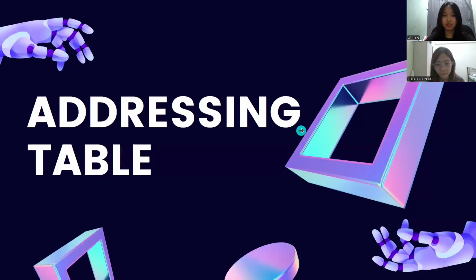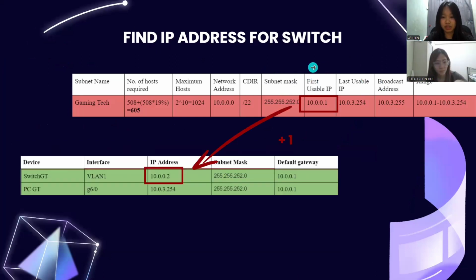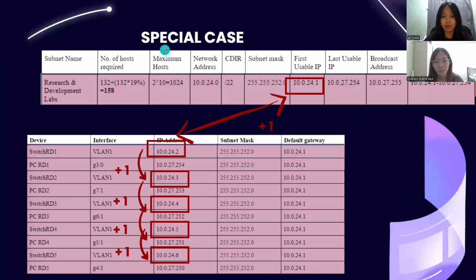So next I would like to talk about the addressing table. To find the IP address for the router, we need to use the first usable IP from the subnet table, which is this. To find the switch, we need to use the first usable IP plus 1, which will be this. There will be a special case for research and development labs.